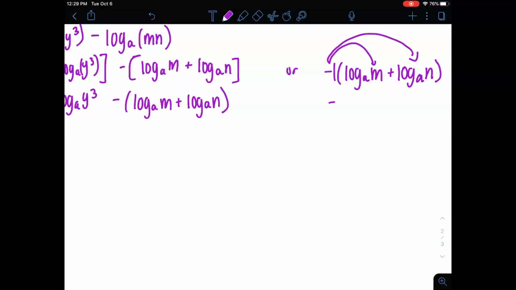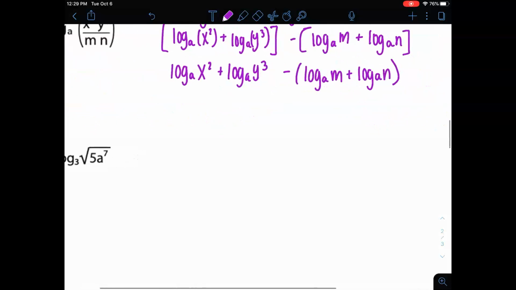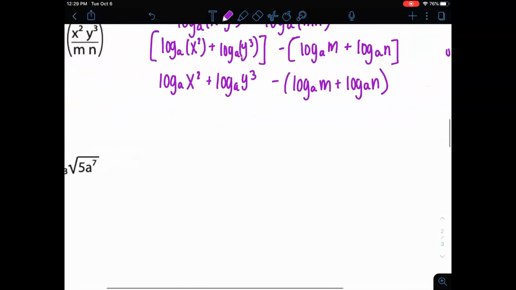So technically this is minus log A of m minus log A of n. Either way you want to take that back half of the equation is appropriate. I'll leave it in parentheses for right now, just for the sake of simplicity.